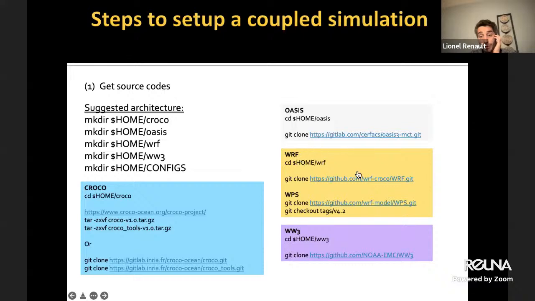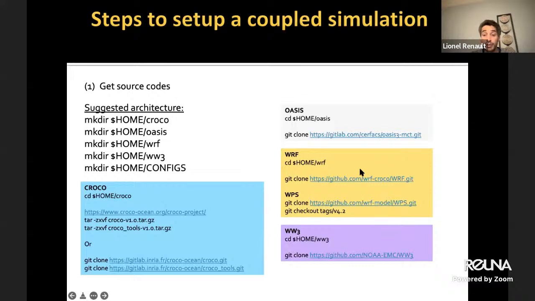For WRF, you want to use a version we have. Actually, we have a version which is a fork from the official WRF, but we have made some modifications, so you have to download it through that GitHub. Same for WPS, but you have to download it from the official WRF model.